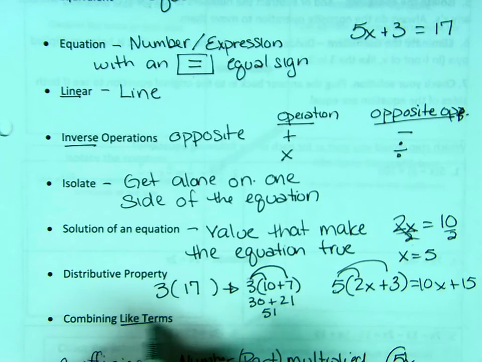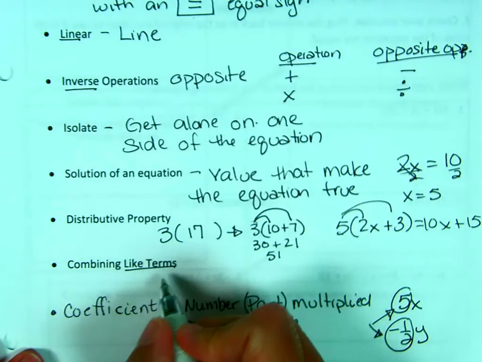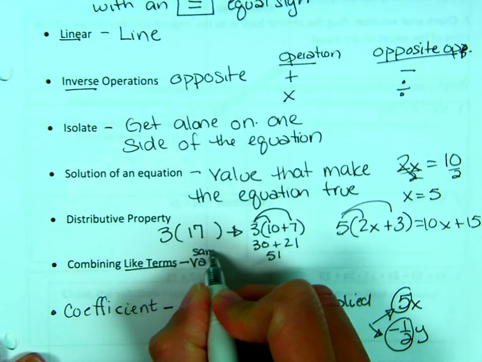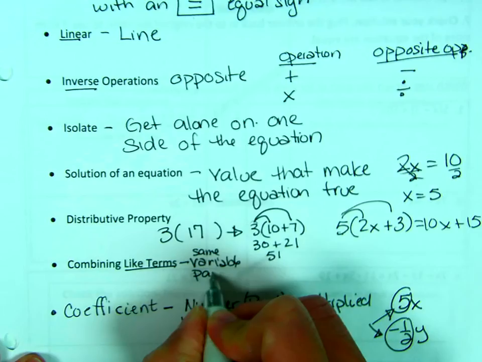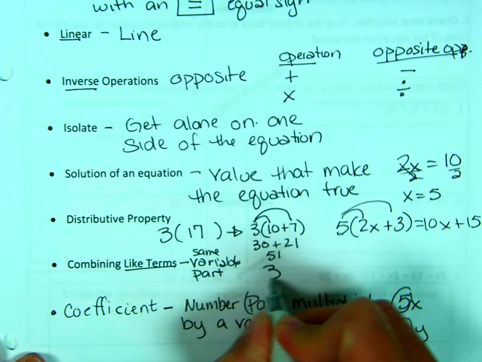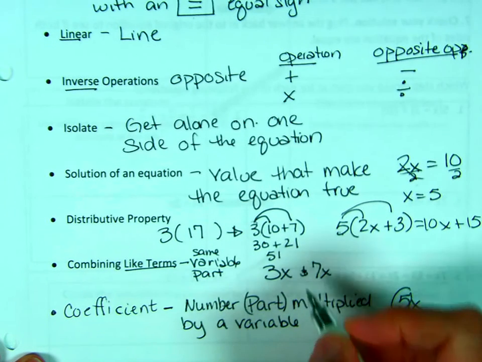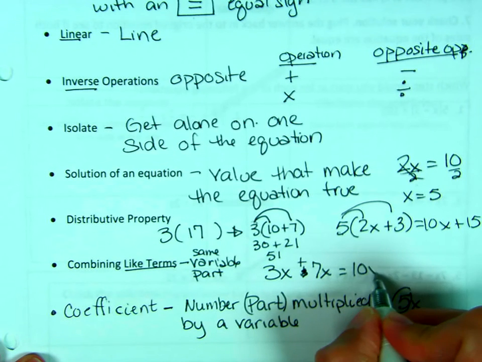And combining like terms. So it would be important that you know that like terms have the same variable expression, the same variable part. So 3x and 7x are like terms, and if I put a plus sign in the middle, then we could say 10x.